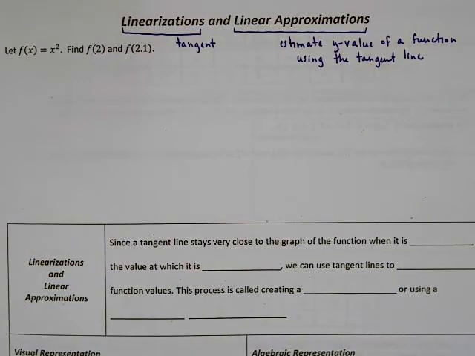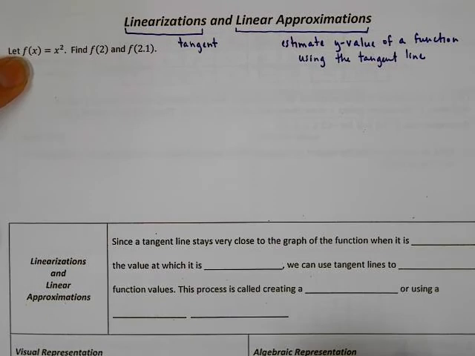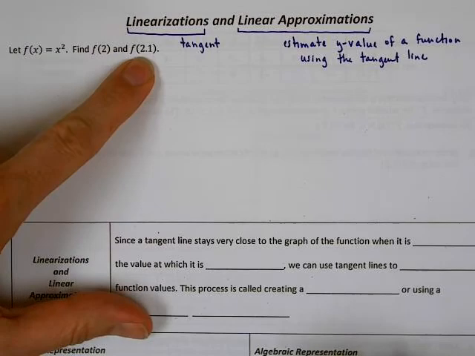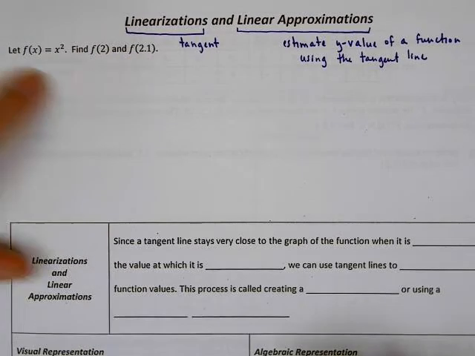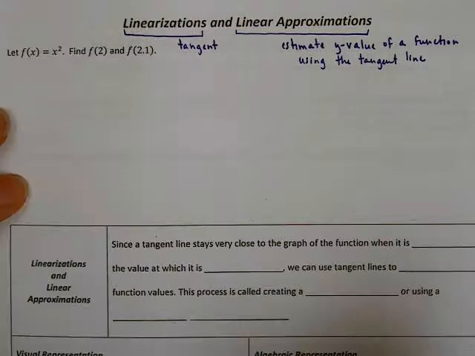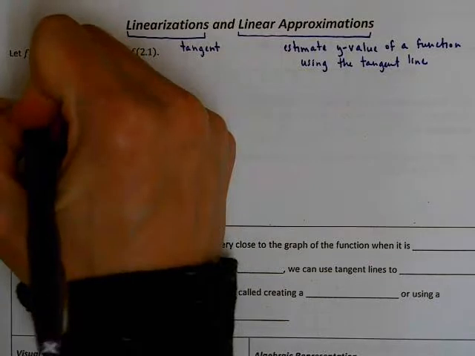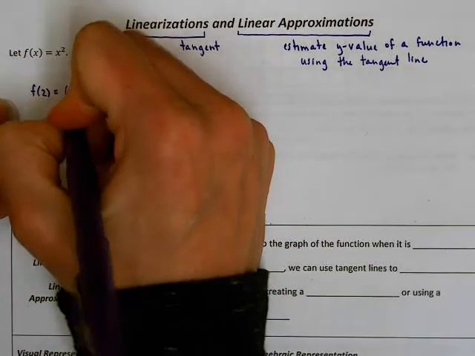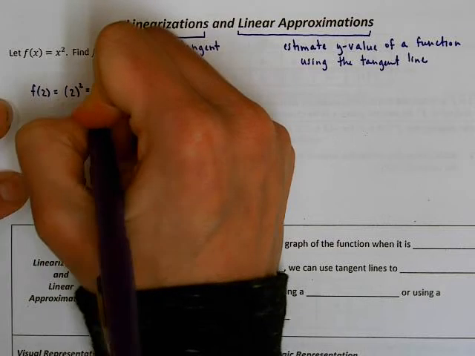So here's kind of why we need linearizations. Let's say we have a function f of x that's x squared, and we're asked to find f of 2 and f of 2.1. Now we all know how to evaluate a function at this point. If I want to find f of 2, I'm going to substitute 2 for the x. I'm going to get 2 squared, and that's an easy question to answer.